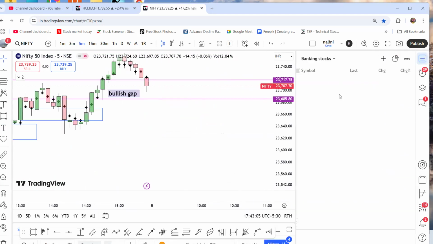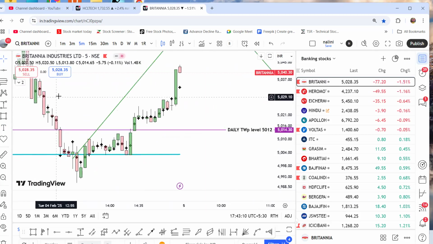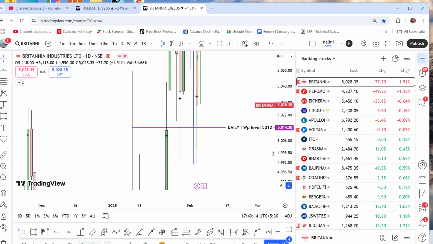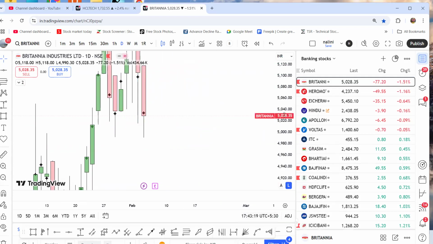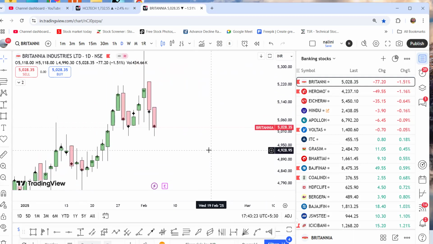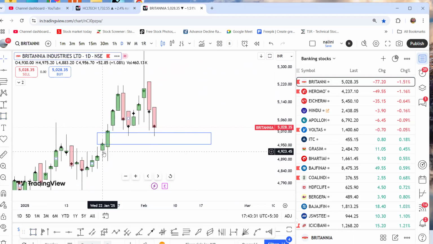Let us go to any stocks or something. Okay, Britannia, we'll take the Britannia. Let us go to daily time frame. See, here, do you see any gap over here? Yes, we see a bullish gap in the Britannia.